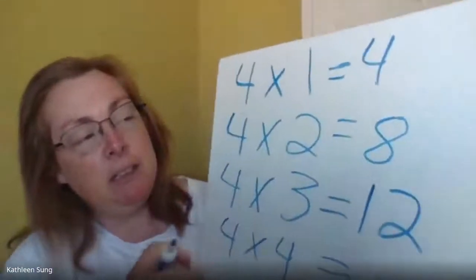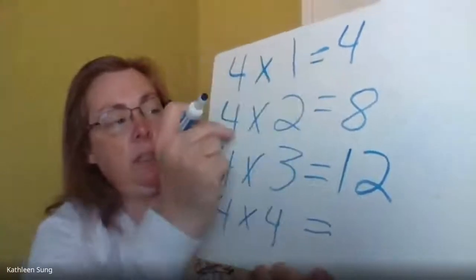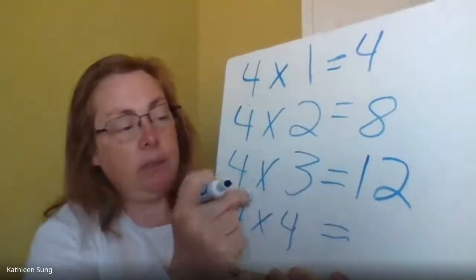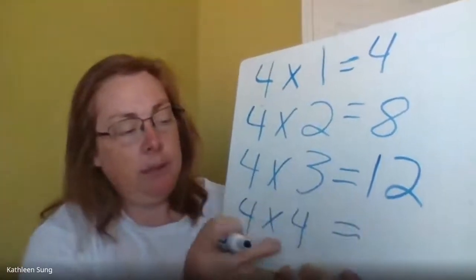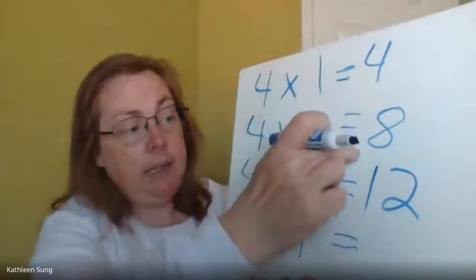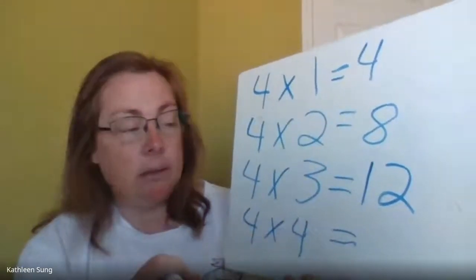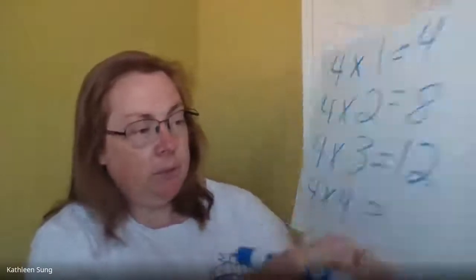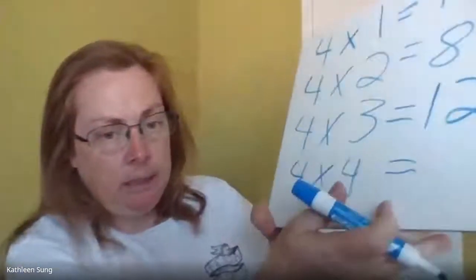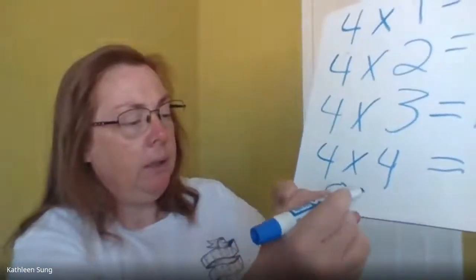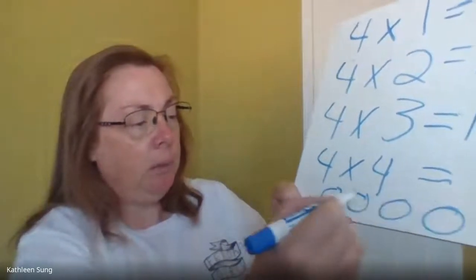So 4 times 1 is 4. 4 times 2 is 8. 4 times 3 is 12. 4 times 4 is, what are we adding each time? We're adding 4, right? So 4 times 4, if we look at the bottom of my board here, 1, 2, 3, 4 plates.